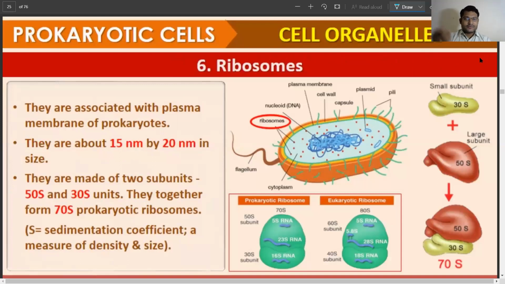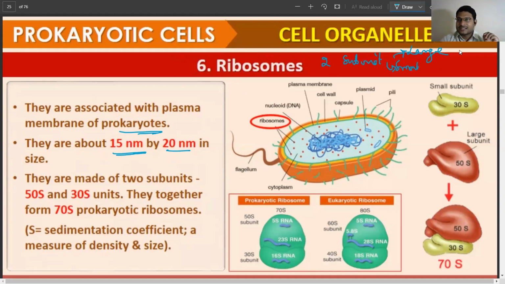Let's wind up with one or two more concepts. Now, ribosomes here are associated with the plasma membrane in the prokaryotes, and they have a size of 15 nm by 20 nm. nm stands for nanometers. Whether prokaryotic or eukaryotic, they always consist of two subunits, one larger subunit and one smaller subunit.